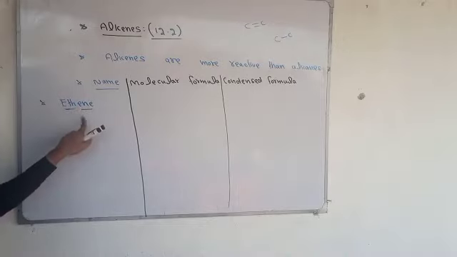So now we got the first one, the simplest alkene, which we call ethene.